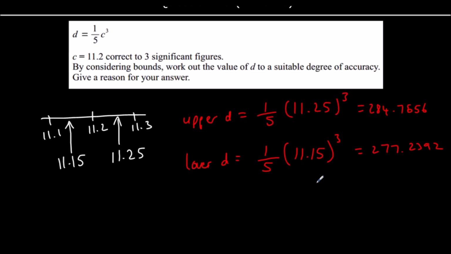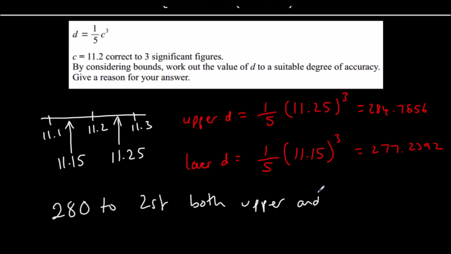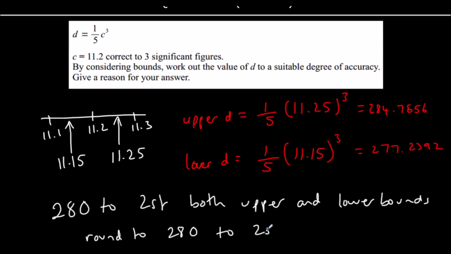So what do they both agree? 280 to two significant figures as both the upper bound and lower bound round to 280 to two significant figures.